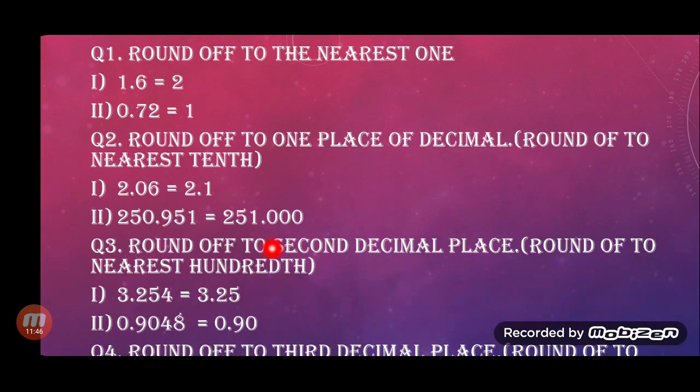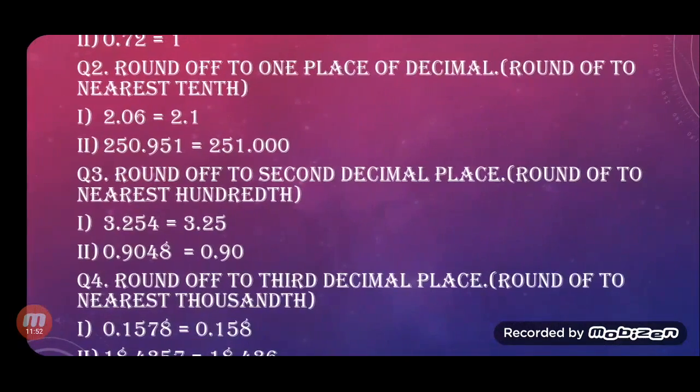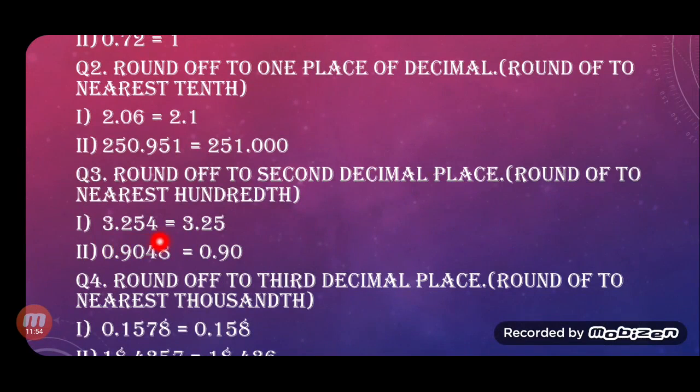Rounding off is 3.25. Once again, children, 3.254. We have to do it to the nearest hundredth place. So which digit will we see? We will see just to the right, that is the thousandths place. It is less than 5. So we will not change anything.